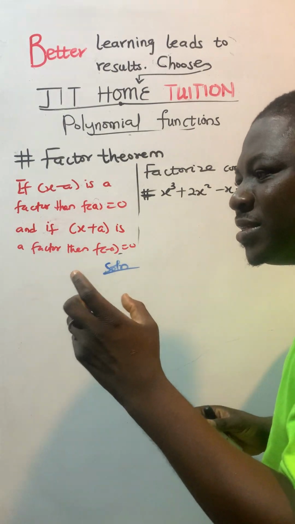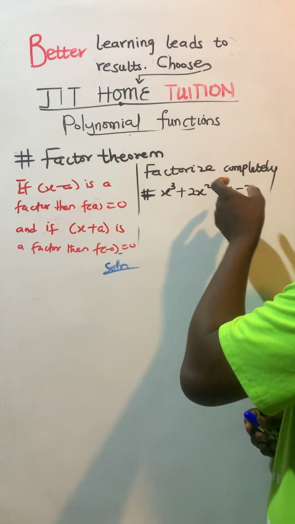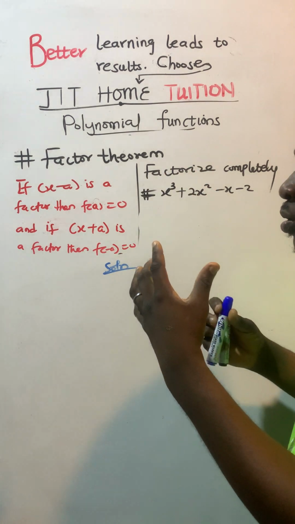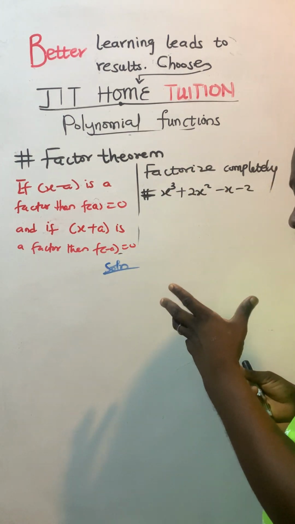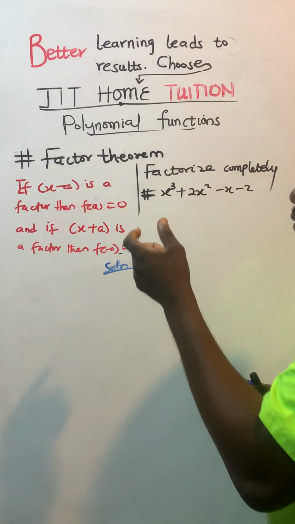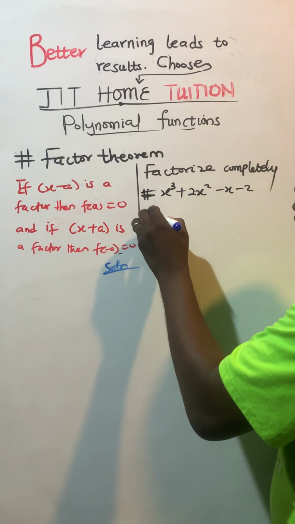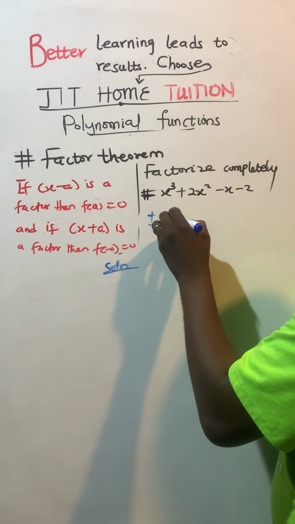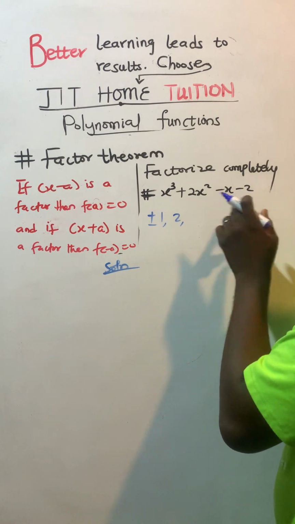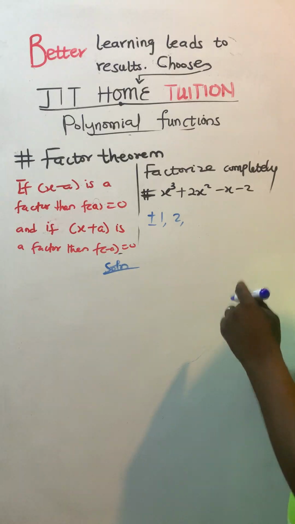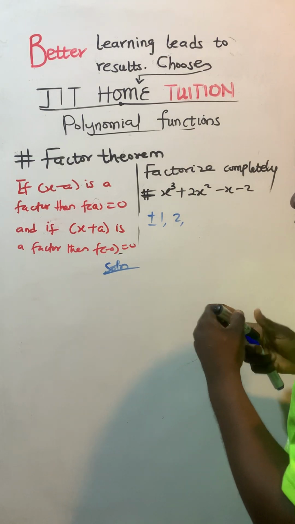The ideal thing is that when you put a factor into the expression, it should give you the whole function equal to 0. Since we don't know the factor yet, you start with plus 1 or minus 1, plus 2 or minus 2, till you find the one that will satisfy the equation.